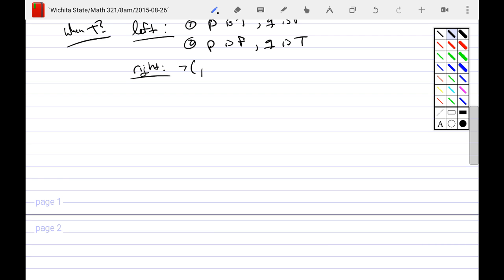Which is that whole thing, it is not P if and only if Q. When is that true? This is true when what? When P if and only if Q is false, right? A not something is true only if the something is false. When is the biconditional false? What does the biconditional do? It checks for sameness. And so this is false when they are of opposite values.